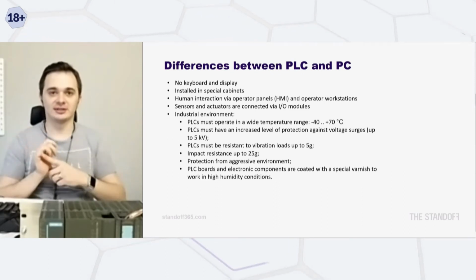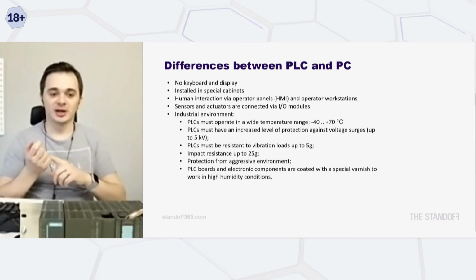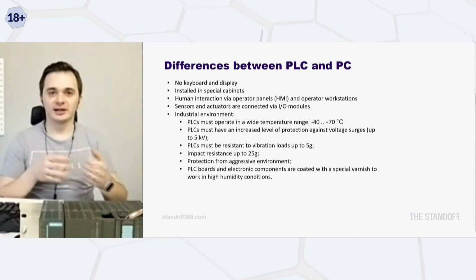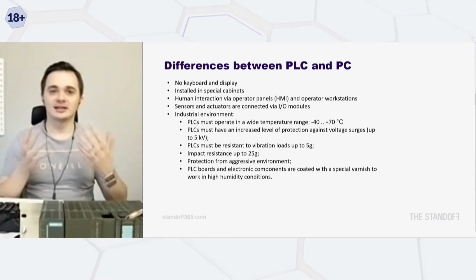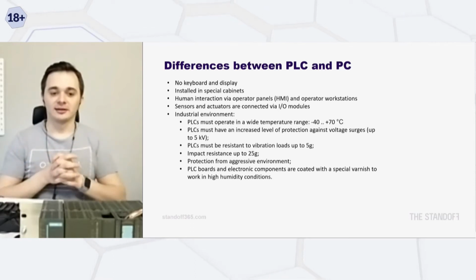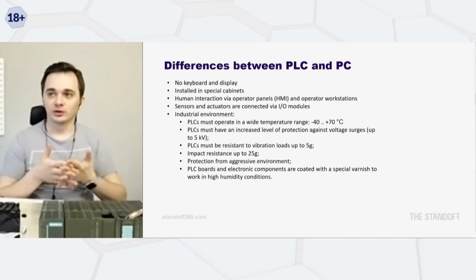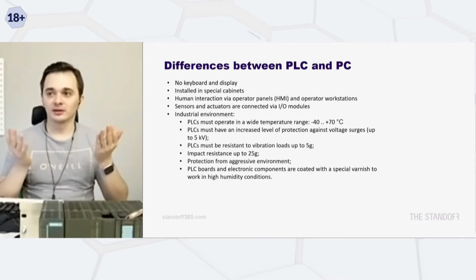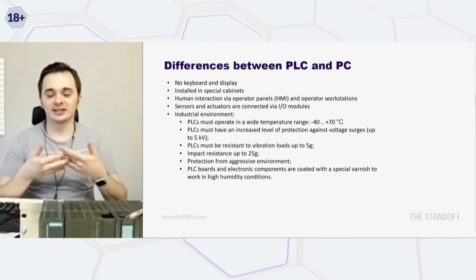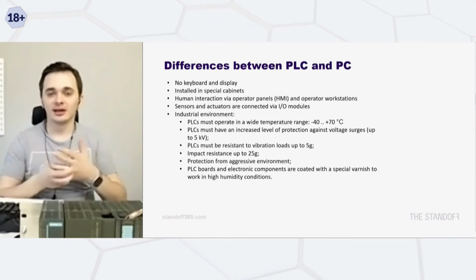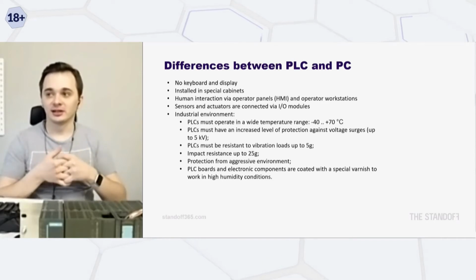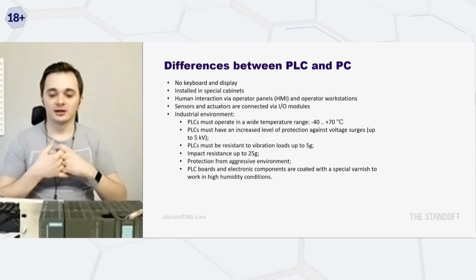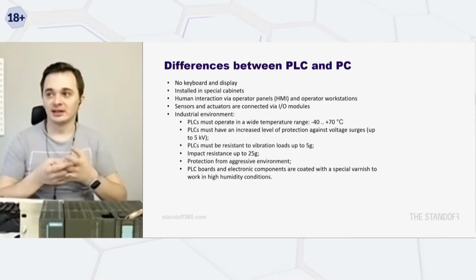A PLC has memory, it has a RAM, it has inputs and outputs, it has code that controls it. So what's the difference? Actually, there is a difference. A PLC is intended for operation in a production environment, and this creates certain requirements and restrictions.